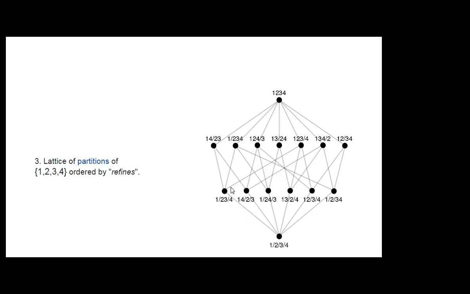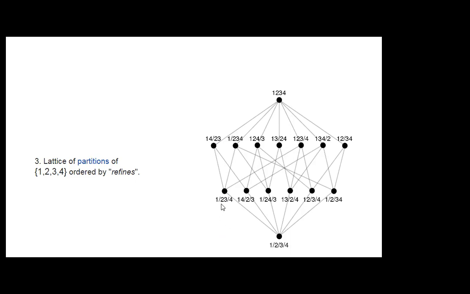And what is the second? For the second refinement, 2, 3 is already there, so we can combine 1 with 2, 3 and keep 4 as it is. We can also do it like this: 1, 2, 3 is there and 4 is there.